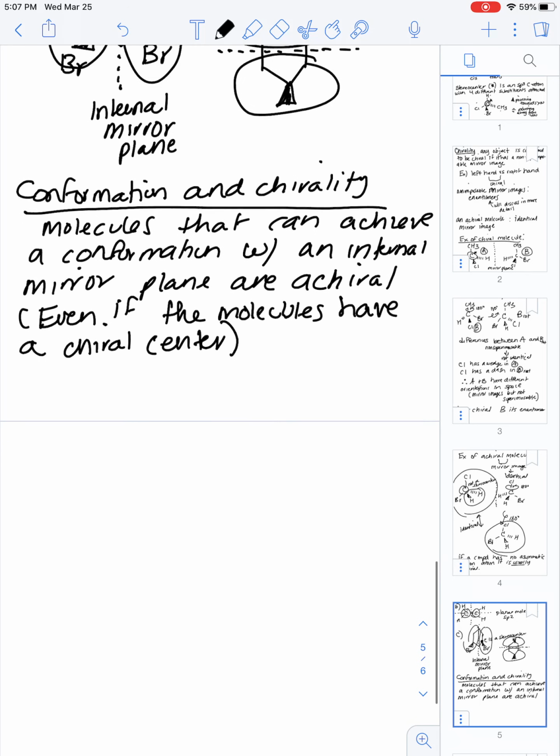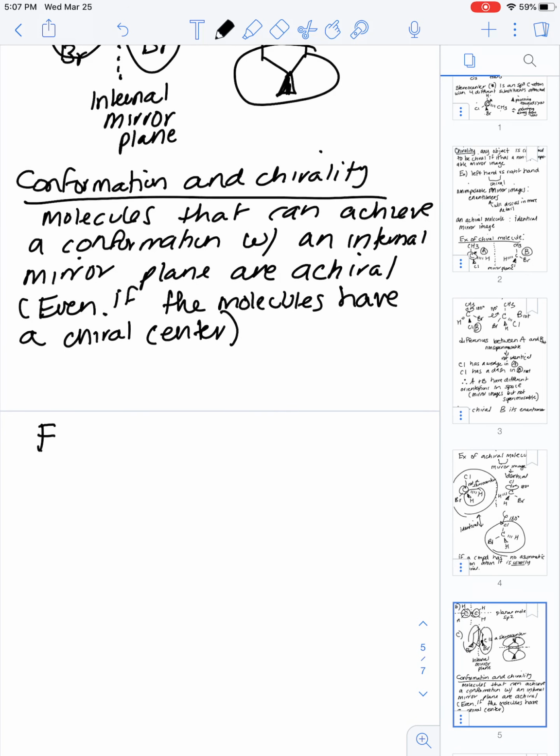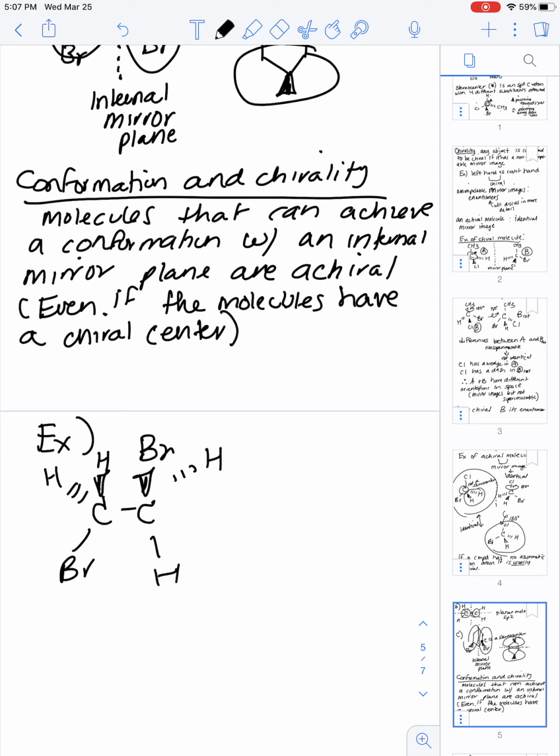So let's look at a few different examples. Let's look at this first example here. So let's imagine our mirror plane.